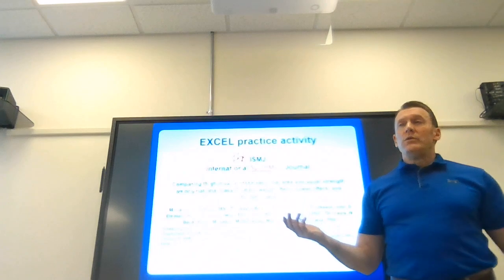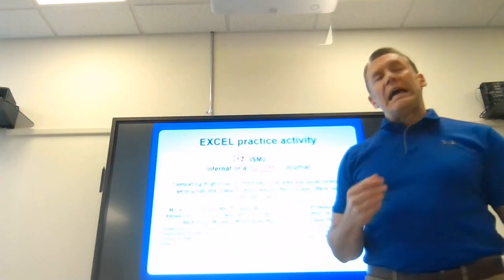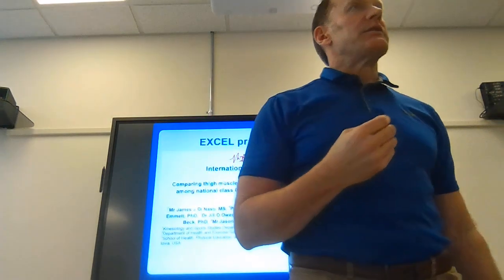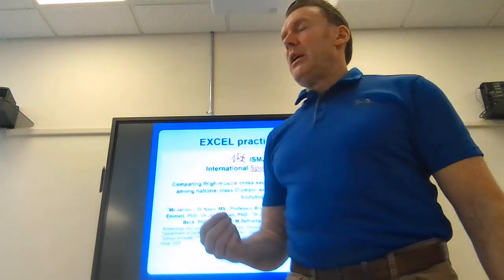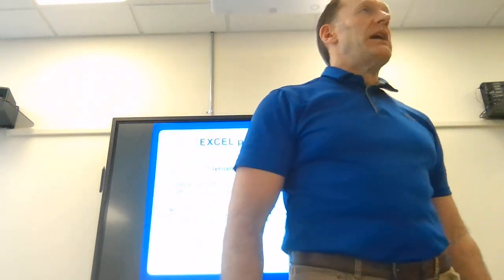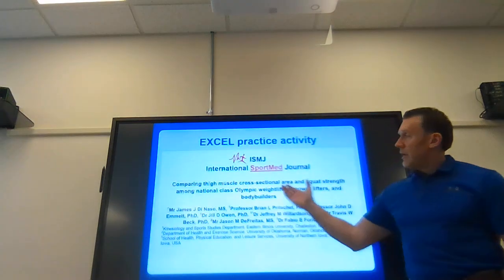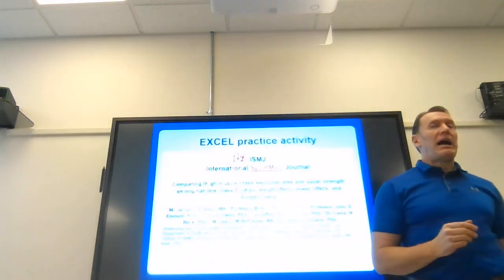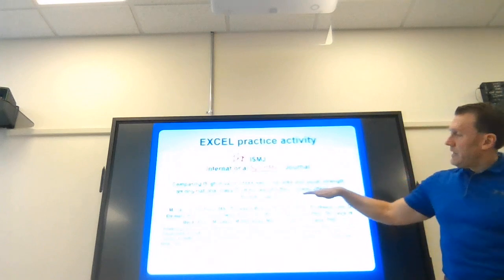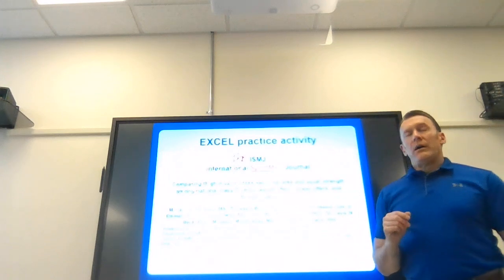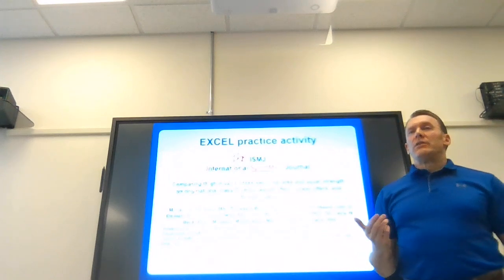So we used an equation to estimate thigh cross-sectional area. So we had to get a skin fold and a circumference measure. We found 5 national caliber athletes in each of these disciplines that allowed us to take those measures.